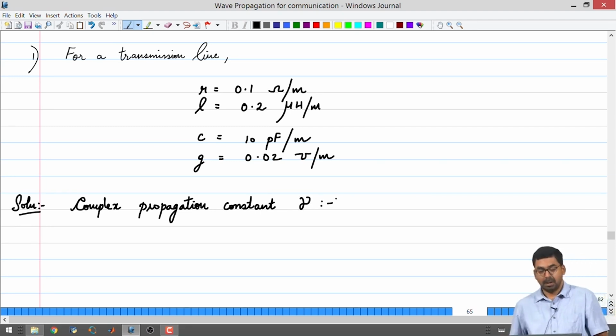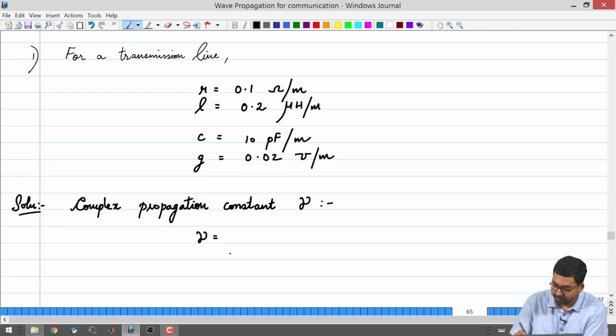I want to calculate the complex propagation constant gamma, and I know from our previous lectures that gamma is given by the square root of (R plus j omega L) times (G plus j omega C).